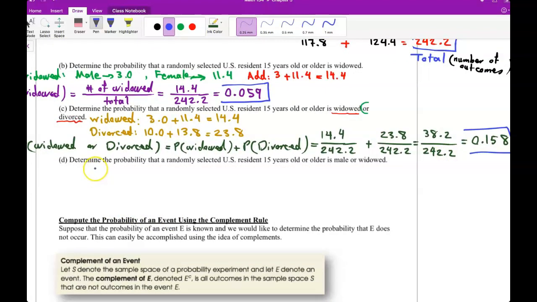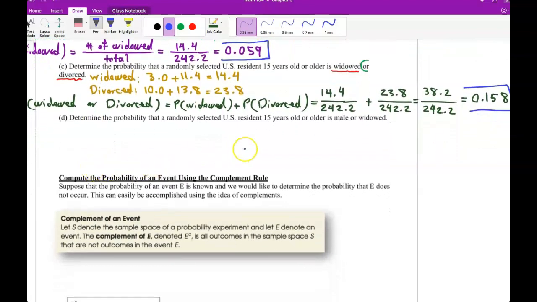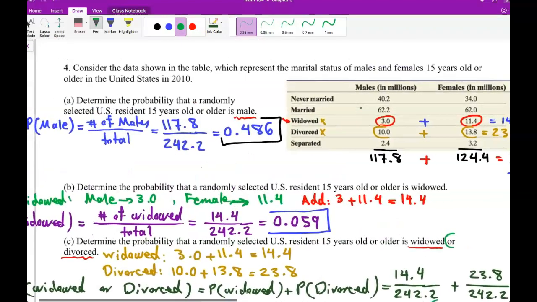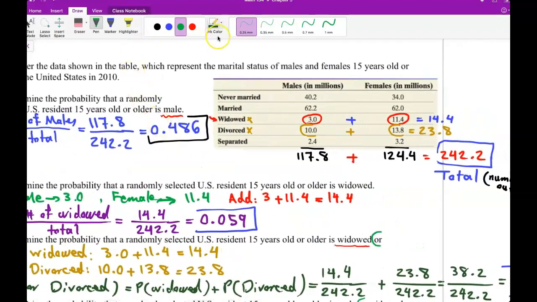Now part D, determine the probability that a random selected is male or female. So obviously we have intersection between these two. Here is male.